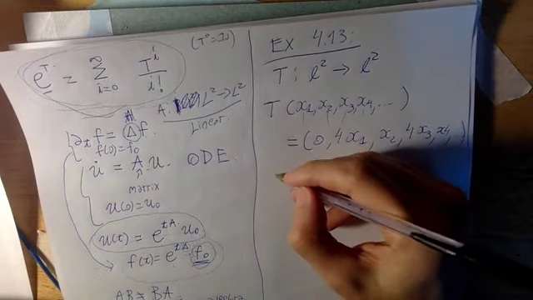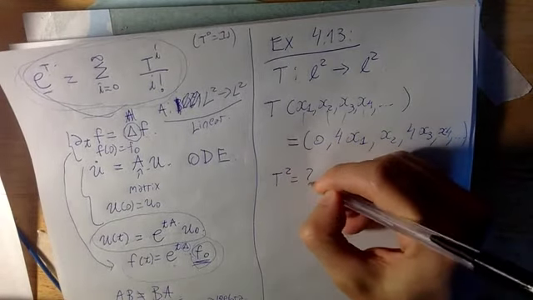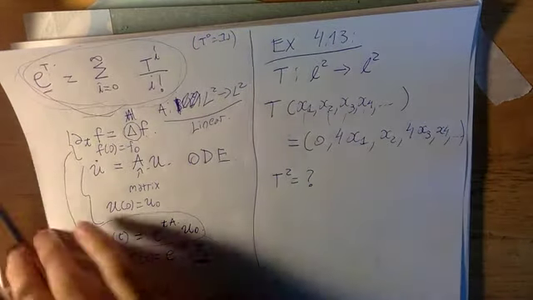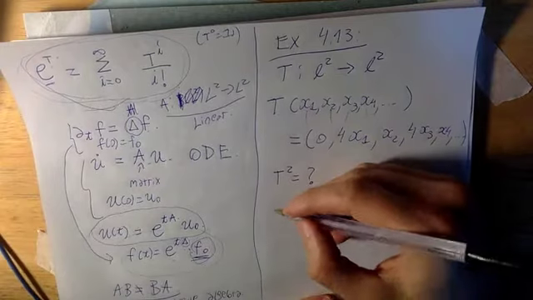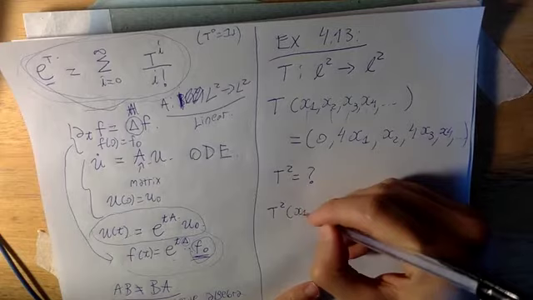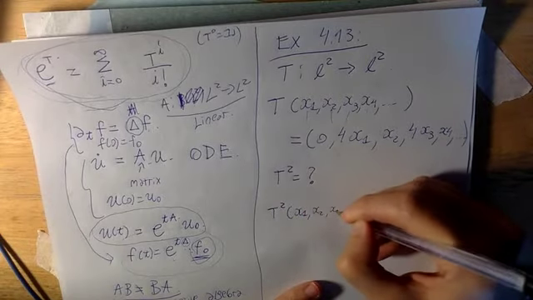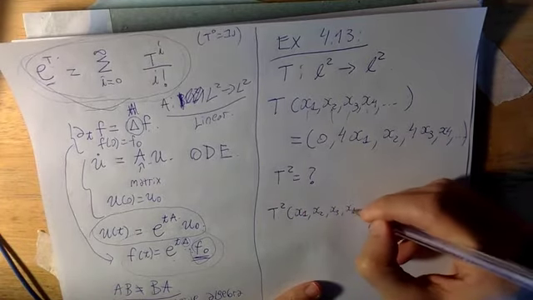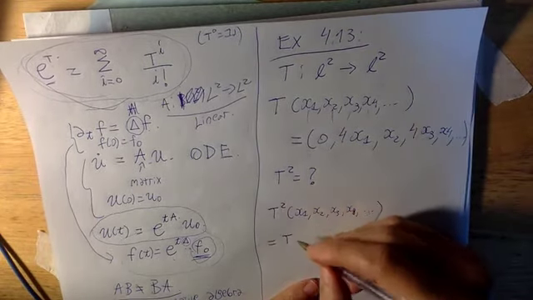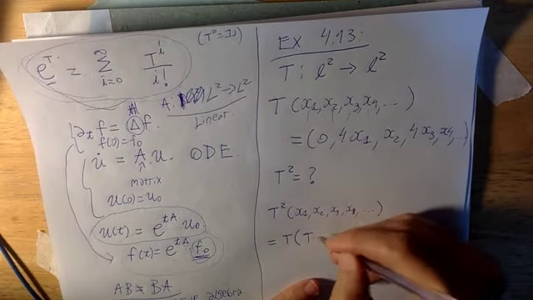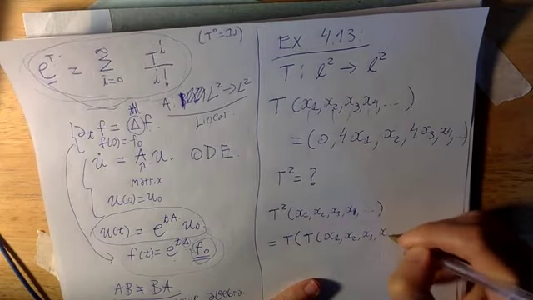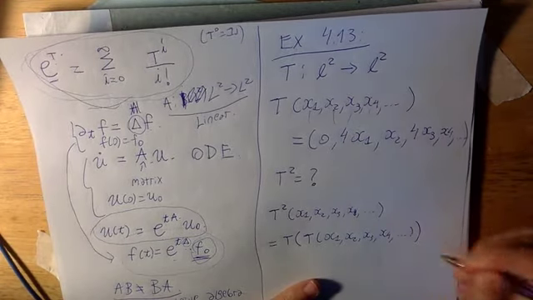Okay, so this is a shift operator. The question is, what is T squared equal to? What happens when you do this shift and multiply by 4? How do you compute T squared? We have to take T squared of x1, x2, x3, x4, and so on. This is the same as T applied to T of x1, x2, x3, x4, and so on.